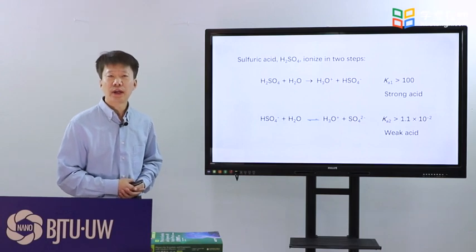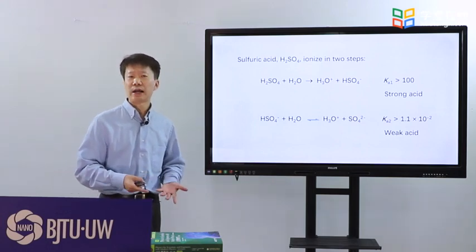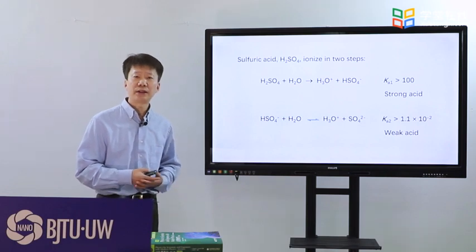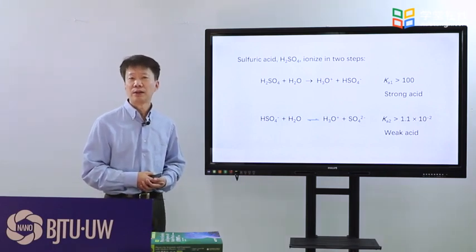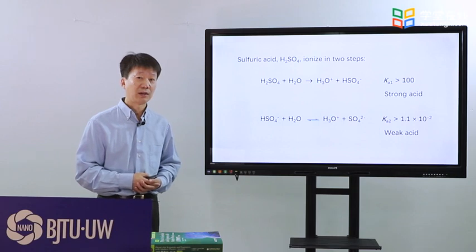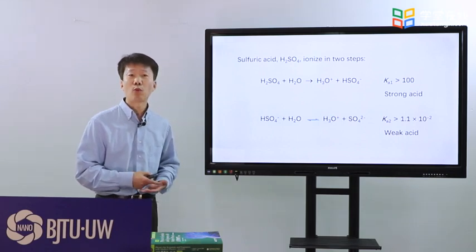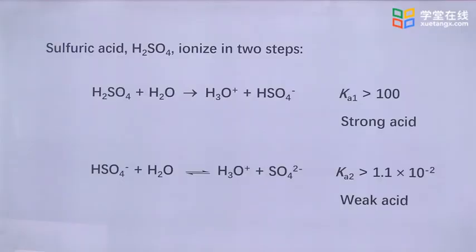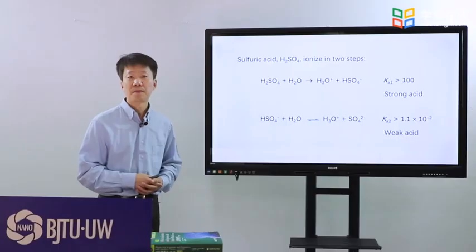Sulfuric acid donates protons in 2 steps. In the first step, it ionizes completely to give proton and hydrosulfate ion with Ka1 greater than 100. The hydrosulfate ion continues to ionize in the second step, generating proton and sulfate ions.